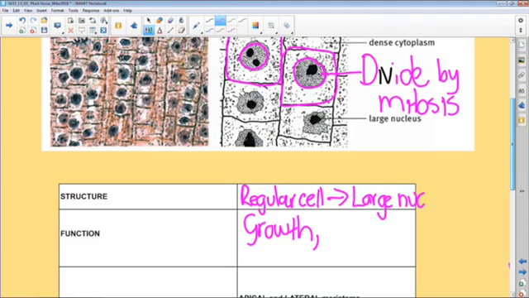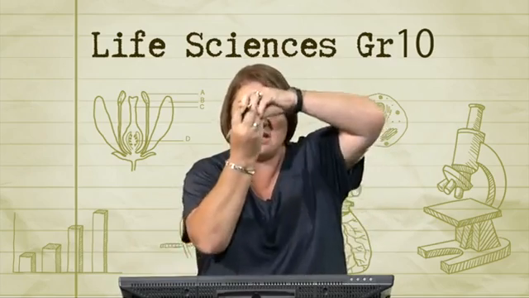Because if it divides, does it need all of the other different organelles? No, it doesn't. If it's going to make new cells, if it's going to make the plant go upwards, apical, downwards to the root, or to the side, that is what's going to happen. The more cells we make, the taller we get, the more we go into the ground, and the wider we get.